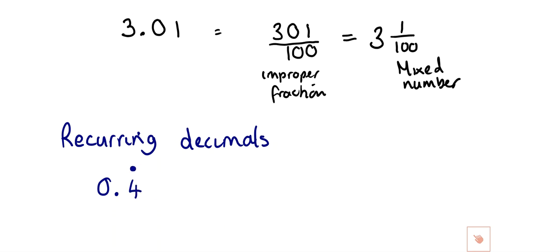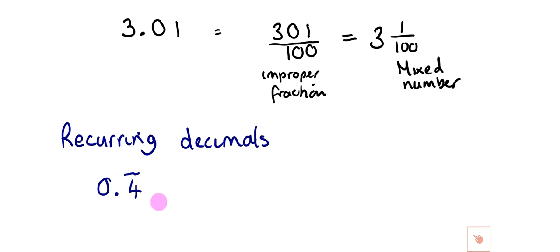Do you like the dots or do you like the line? I prefer the dot because you put a dot at the beginning and a dot at the end, whereas a line has to go along everything. So if you've got a long recurring number, you have a long line, which can get messy. But up to you, if you want to use it. I'll stick to what you are happy with.